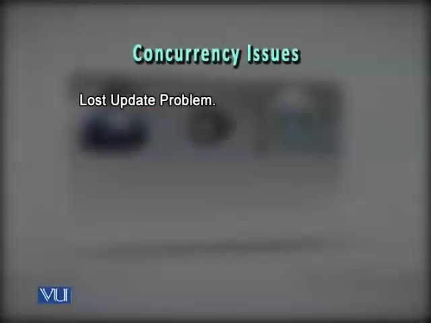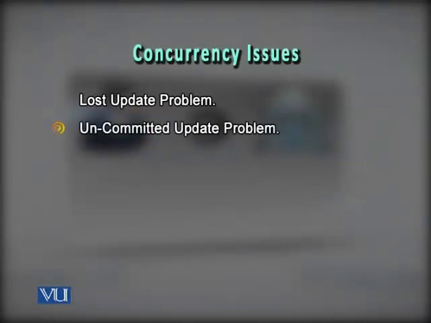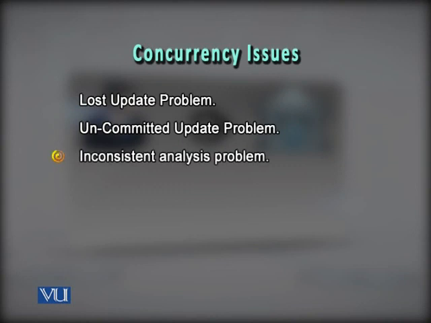You might already know them: the lost update problem, the uncommitted update problem, and thirdly, inconsistent analysis. These are the three problems that we discussed in the previous course, and if we do not control the concurrency properly, they may transform the database into an inconsistent state.